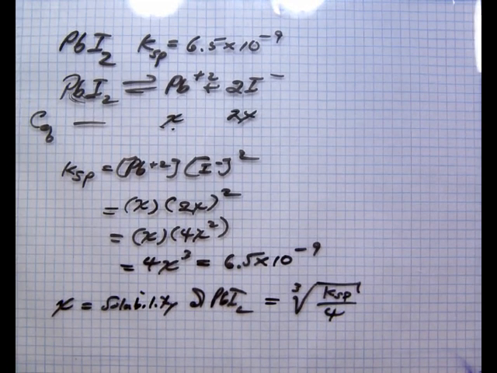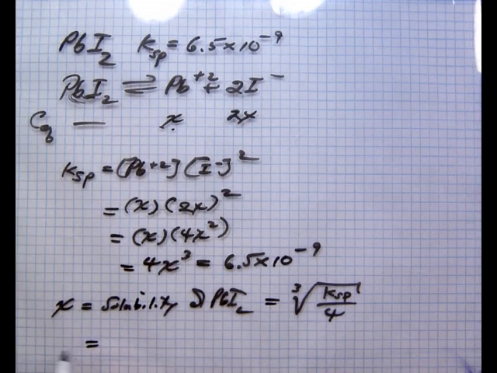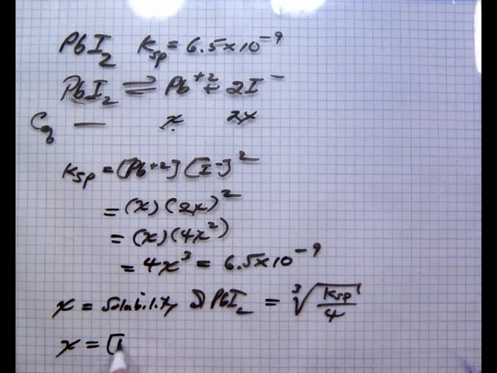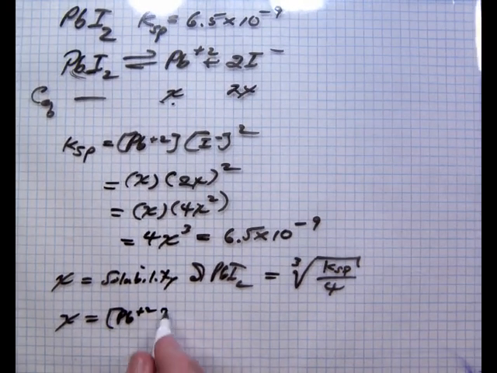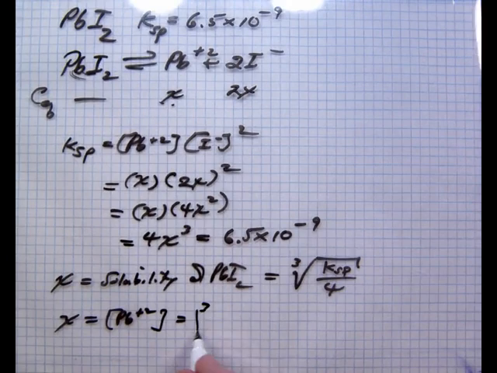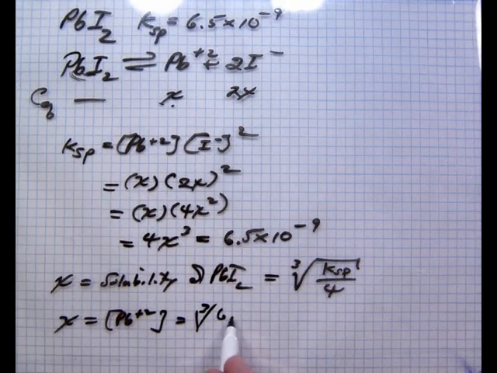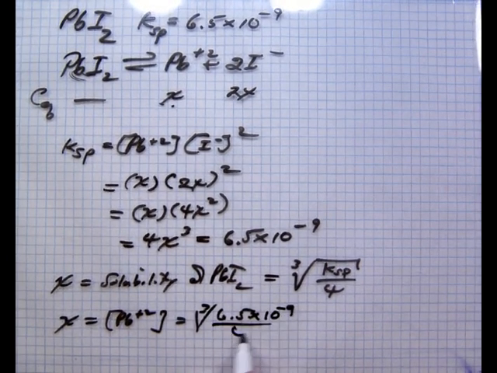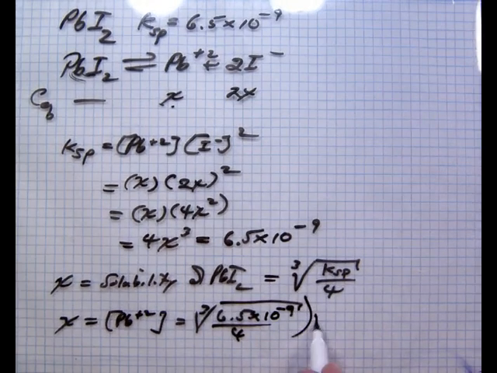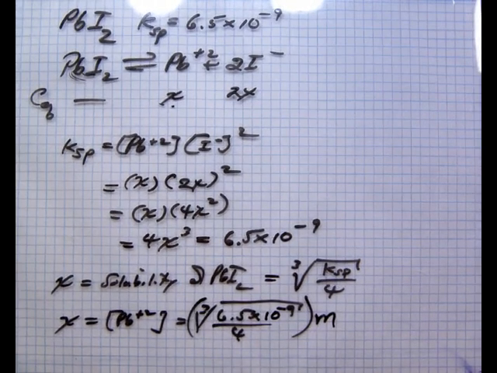And when you do that, it is the cube root of Ksp over 4. Always. On a 1 to 2 or 2 to 1 ionization in pure water, your solubility will always be the cube root of Ksp over 4. So our X now, which is equal to our lead ion concentration, is equal to the cube root of 6.5 times 10 to the minus 9 divided by 4, and that will be in moles per liter.